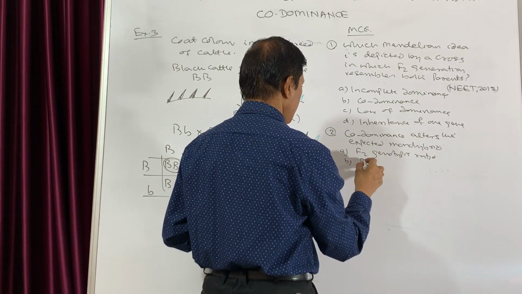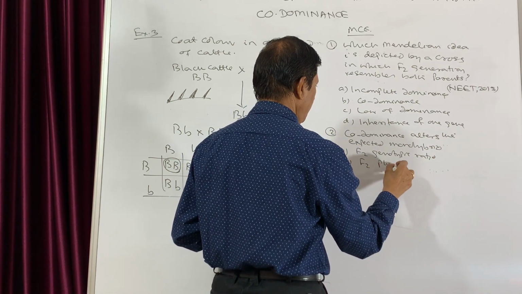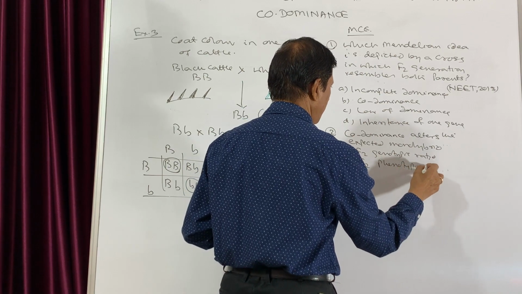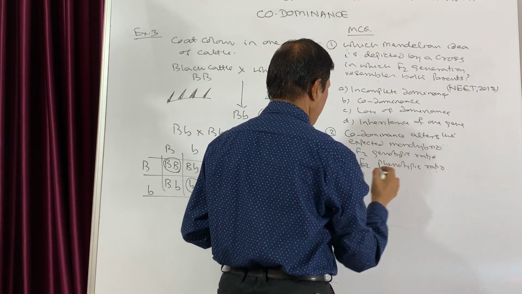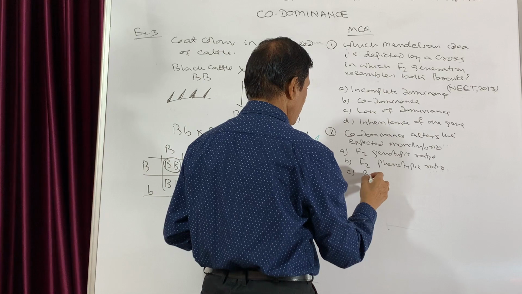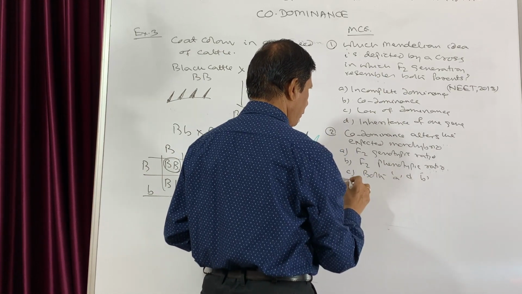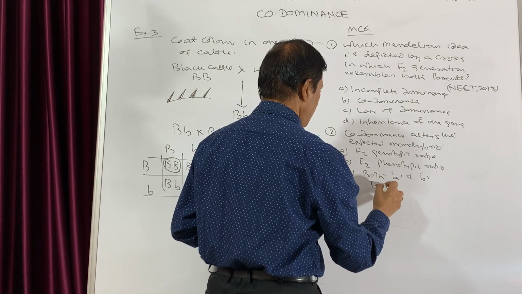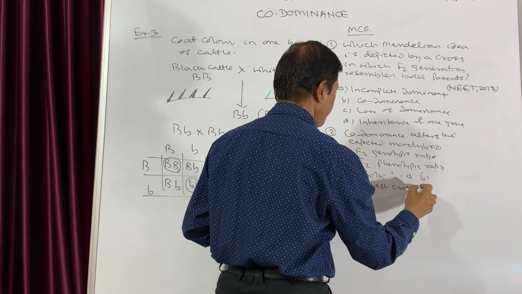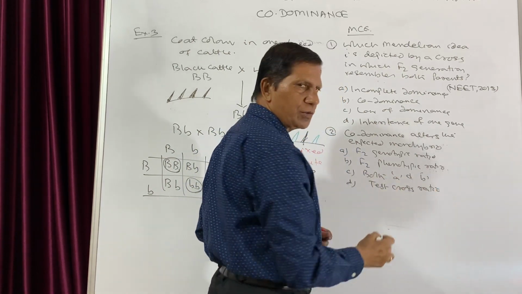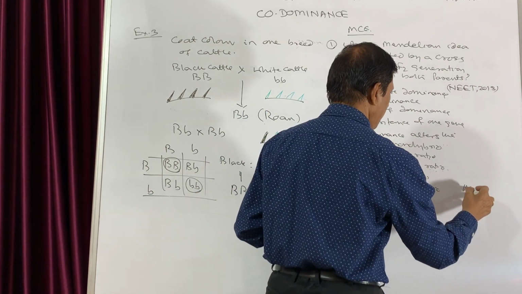Second choice, F2 phenotypic ratio. Third choice, both A and B. And fourth choice, test cross ratio. And this question also was asked in AIPMT.